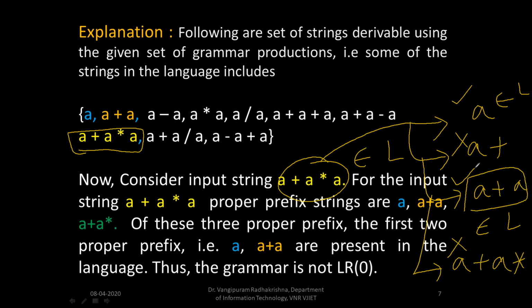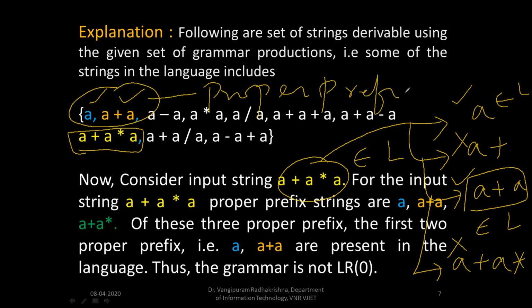So because we have proper prefixes a and a plus a belonging to the given language, and these two strings are proper prefixes of the chosen string a plus a star a, therefore this grammar cannot be LR0 grammar.